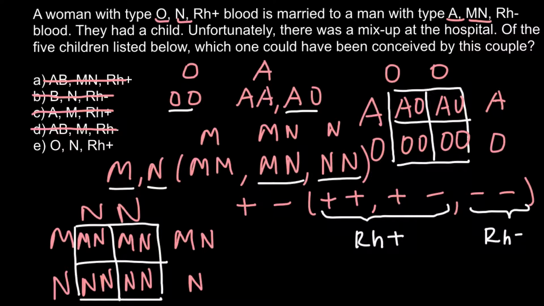These 2 genotypes mean one phenotype, and this one means another phenotype which would be Rh negative. So if the mother is Rh positive, she can belong either to this genotype or to this genotype. If the father is Rh negative, he only can belong to this genotype.